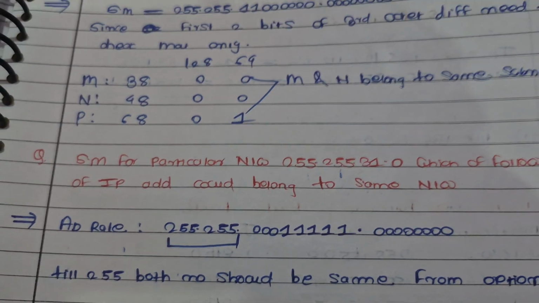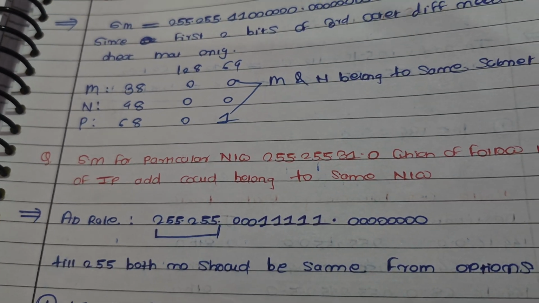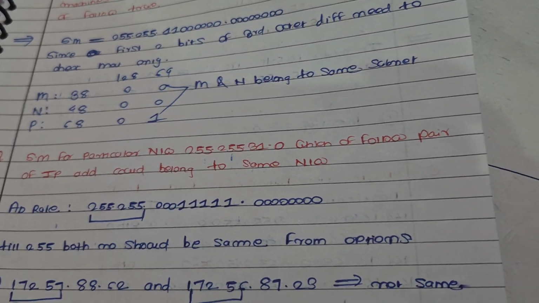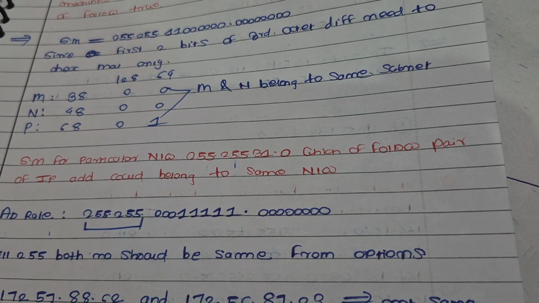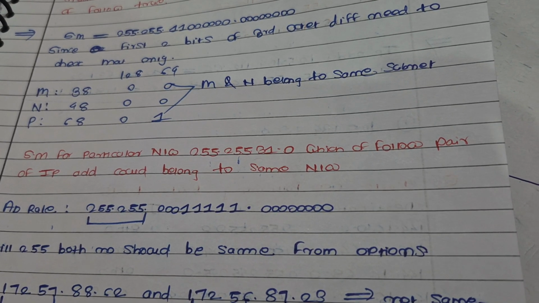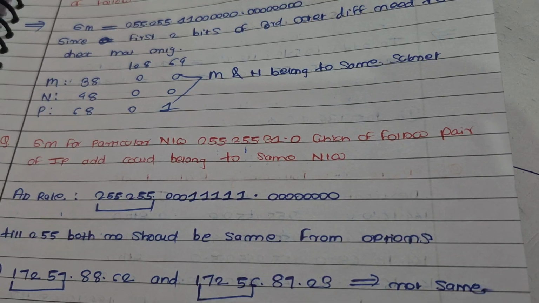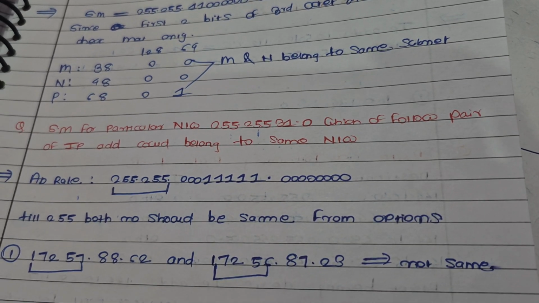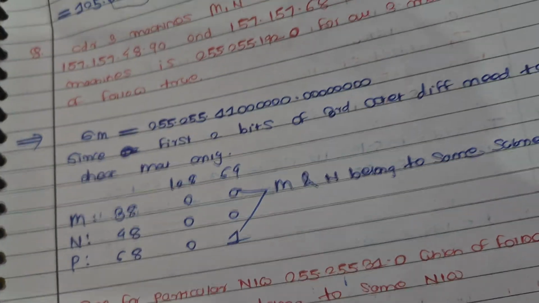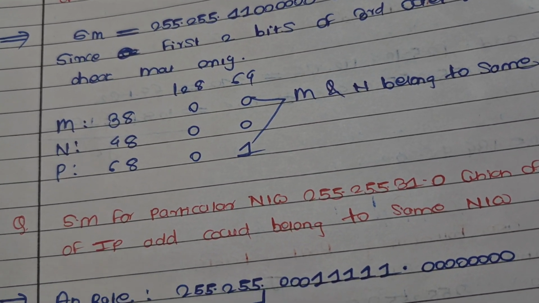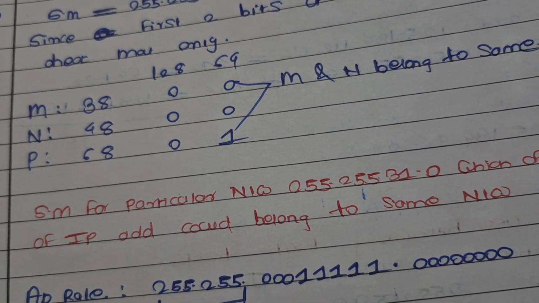Going ahead, the subnet mask for a particular network is given, and we need to find the IP address pair which belongs to the same network. Let me see my notes again.